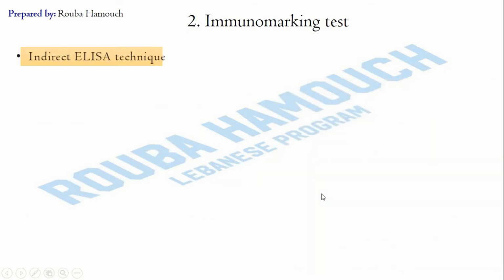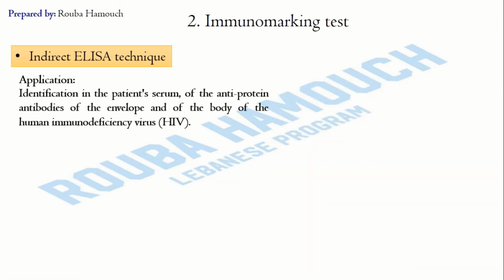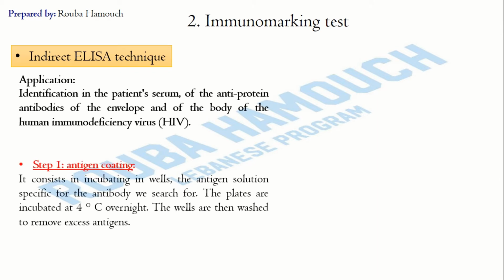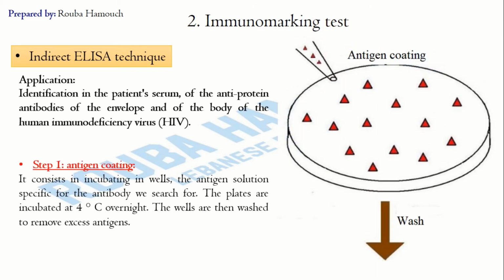So the first step is the antigen coating. It consists in incubating in the wells the antigen solution, the red triangles, specific for the antibody we search for. The plates are incubated at 4 degrees Celsius overnight.